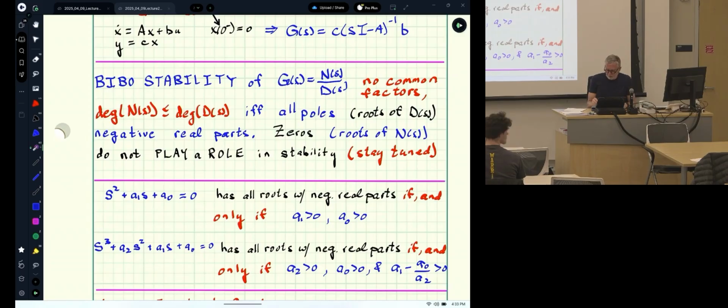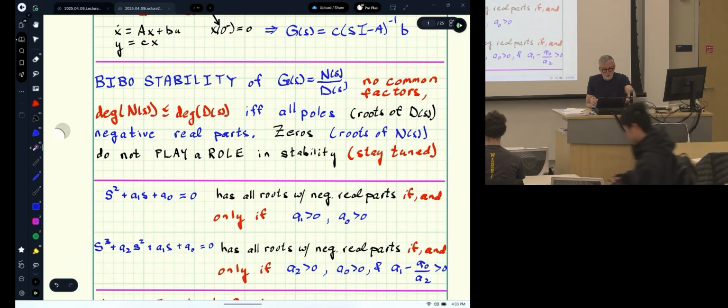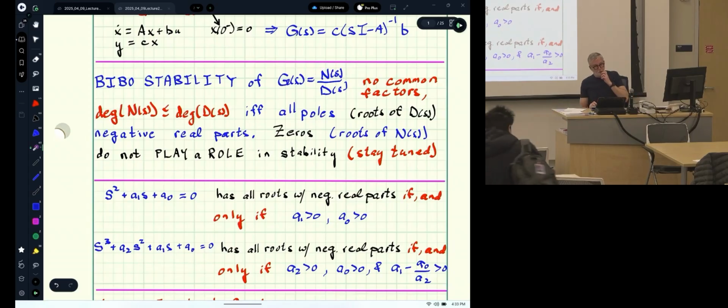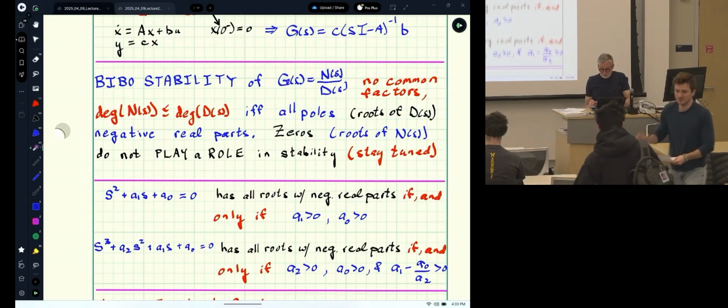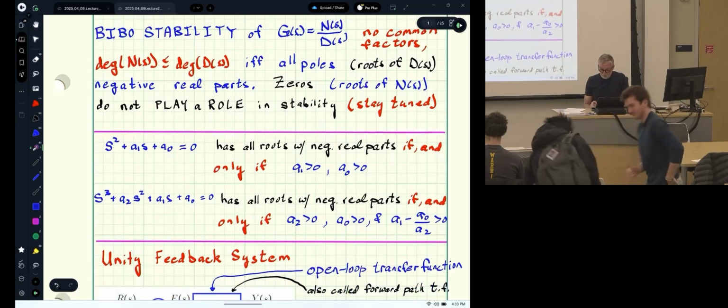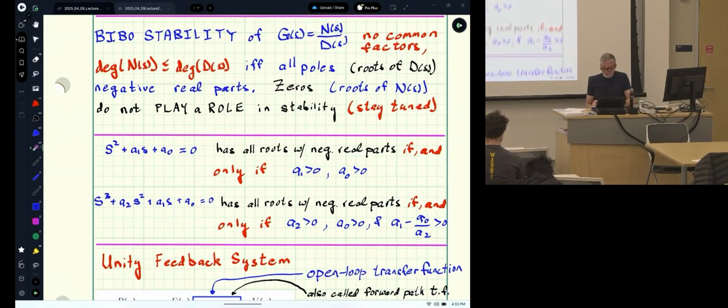And you can check that by looking at the poles of the transfer function, which are the roots of the denominator of the transfer function. The roots of the numerator are called zeros, and we'll get to them a little bit later, kind of late in the story, but they do come back.